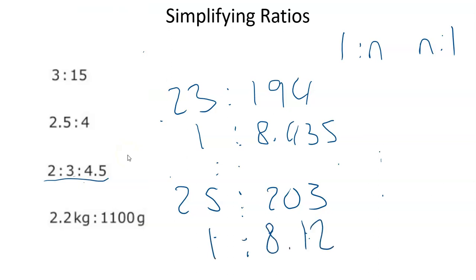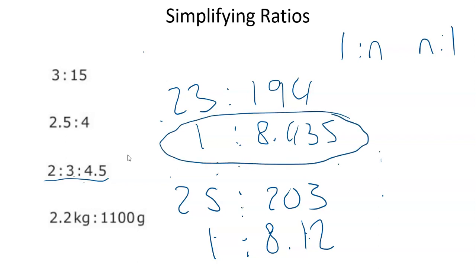So you can see that this ratio is, well, it depends. Is it better or is it worse? It depends who you are. If you're this person, then this ratio is better because you're getting more stuff than you would in this situation. If you're this person, it's not as good because, if you're sharing stuff out, you're going to get less of the share compared to if you were in this one.